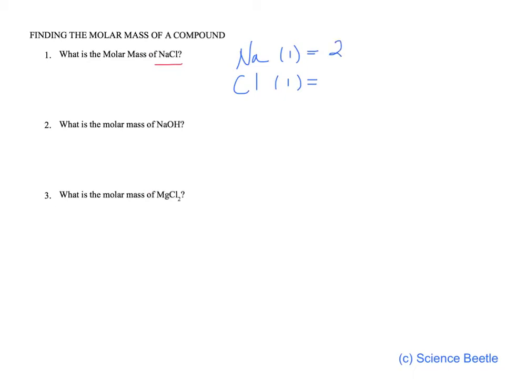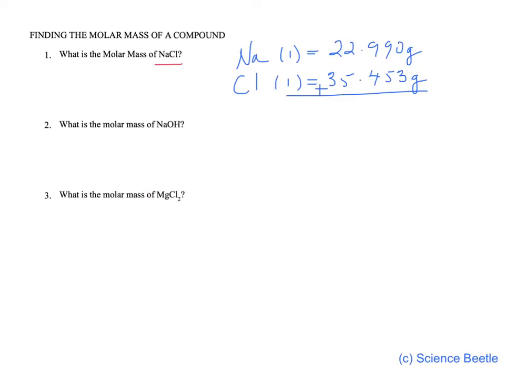22.990 grams. And chlorine will have a mass of 35.453 grams. All right, so what we do next is add these 2 numbers together, and that will give us the combined mass of the entire compound, which is known as the molar mass.